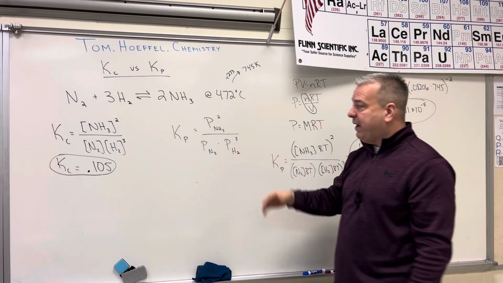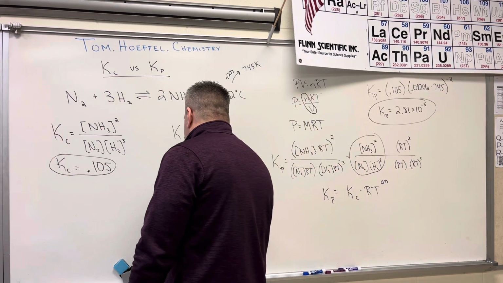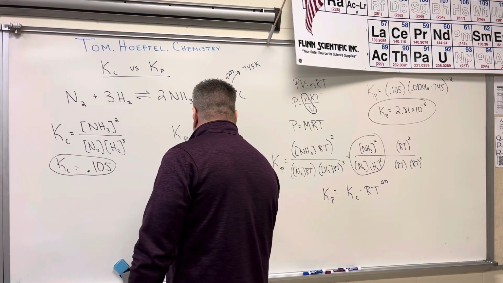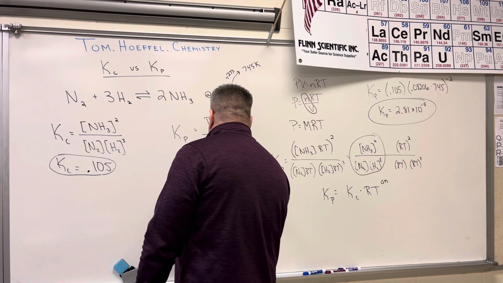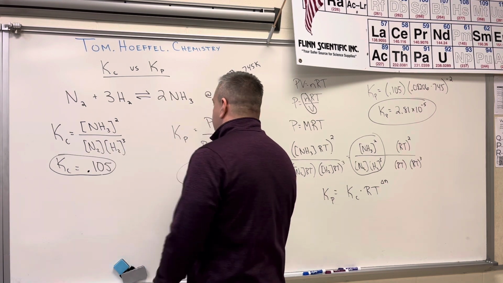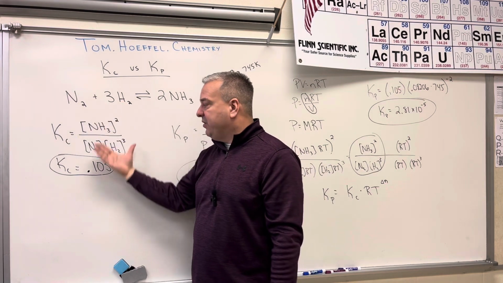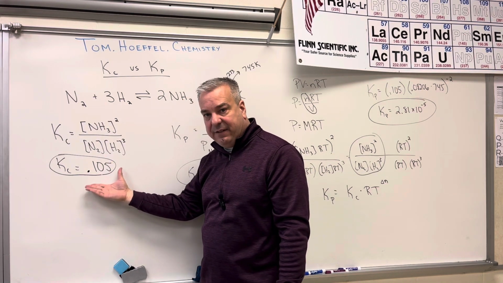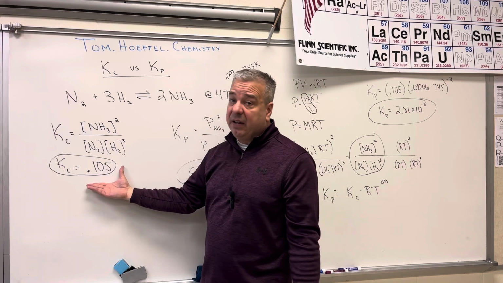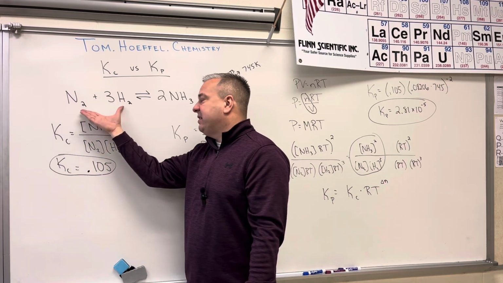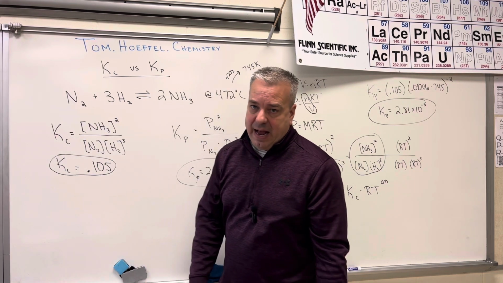Now, a small value of K sub P being equal to 2.81 times 10 to the negative 5 means that it's going to favor the reactants, being a small number. Just the same way the Kc value is a small number, it's smaller than 1, and it's going to be favoring the reactant side.